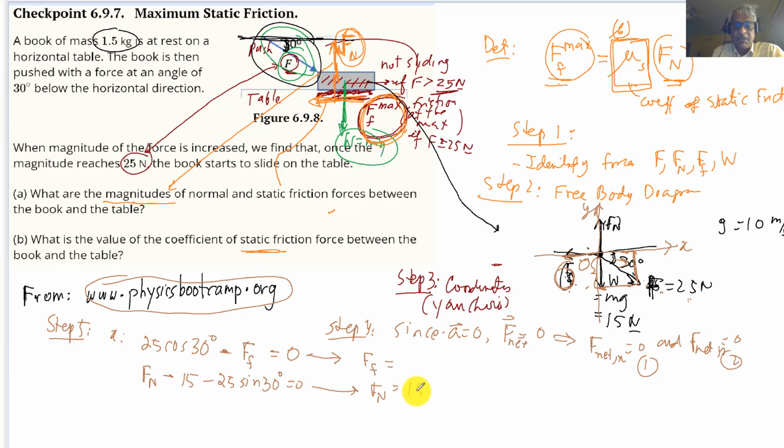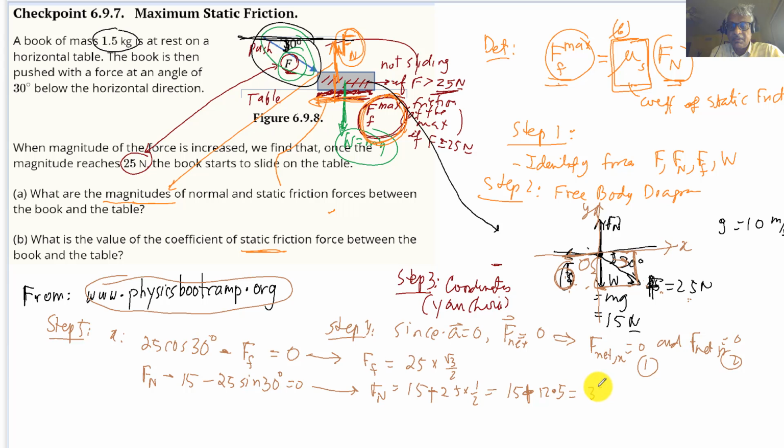This is 15 minus... sine 30 is half, and cosine 30 is square root 3 over 2, and this is 25 times half. So this is 15 plus... this is minus, this is plus, actually it should be plus 12.5.